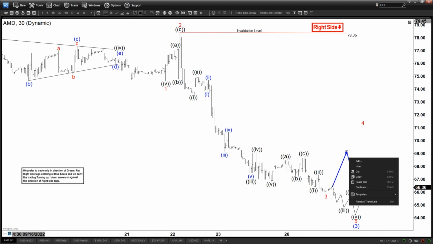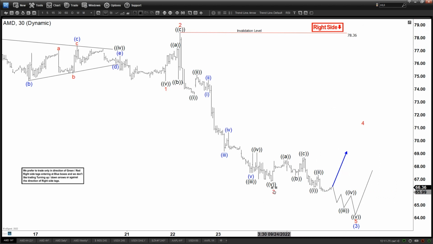Okay, this is just one possible view in which this can play out, but it doesn't necessarily mean this is the only view. So we could have ended 3 here to a 4 and going down. Another possible option, we could have ended 1 here and do a bigger rally in the 2 like this and going down.